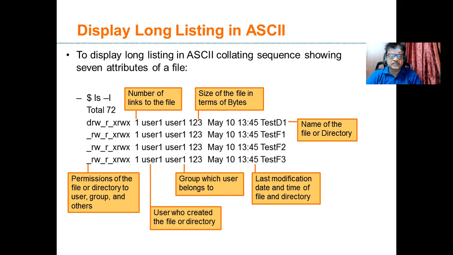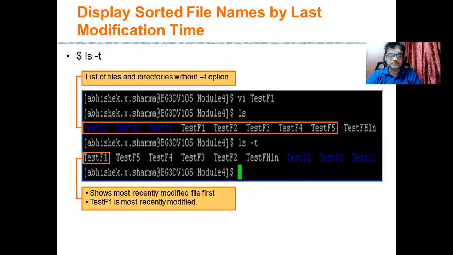If it is blank, it may be a file. Then read, write, execute, read, write, execute, read, write, execute. Three sets are given: one for self, another for group, another for others. We'll be able to see these things.